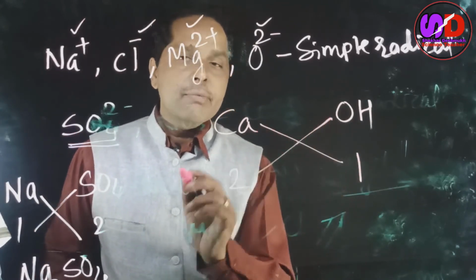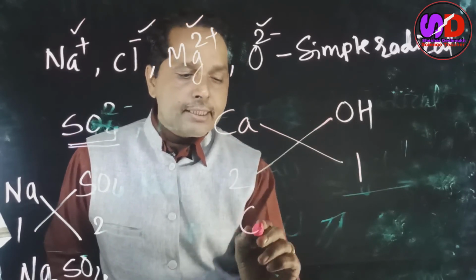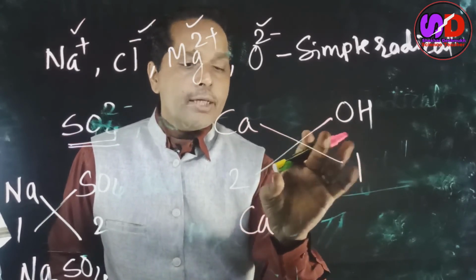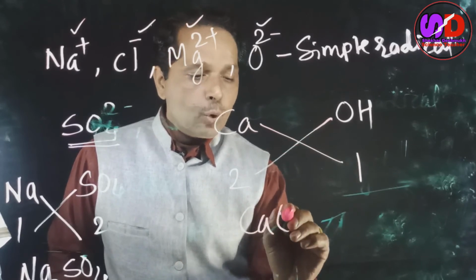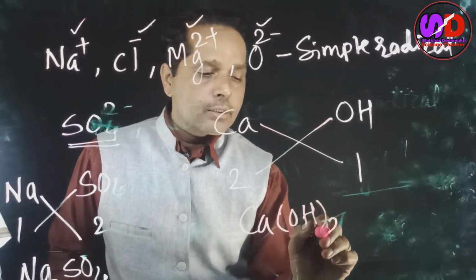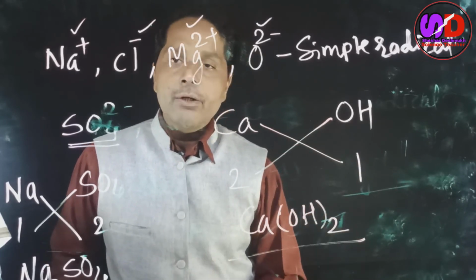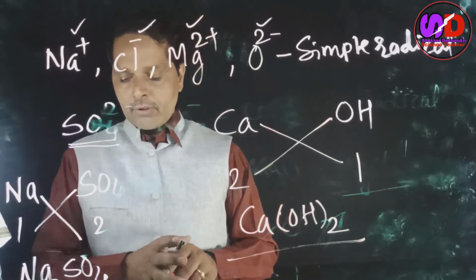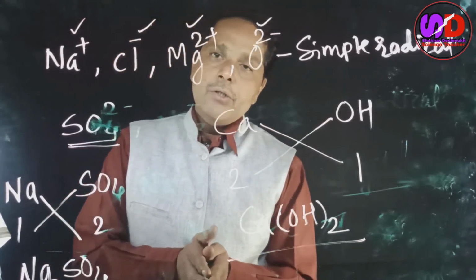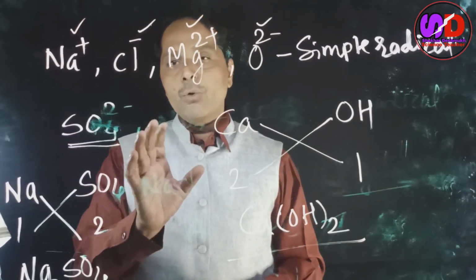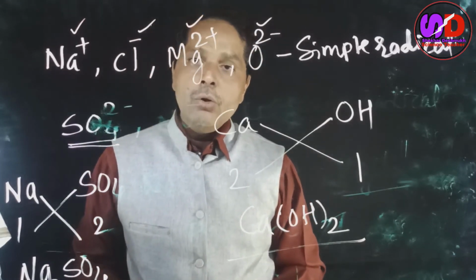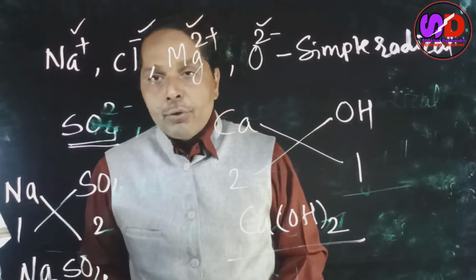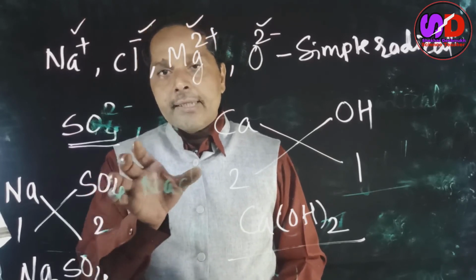If we cross multiply it, we get Ca(OH)2, that means OH taken twice, calcium hydroxide. For that, you must know the atomic number, and a list of radicals is given here.